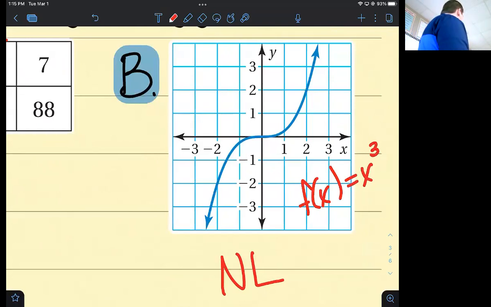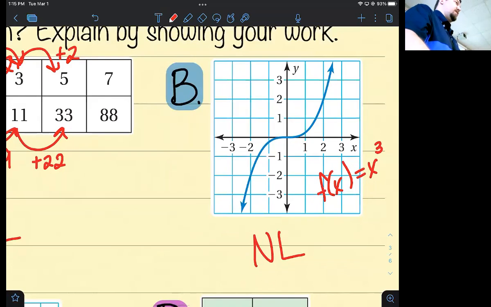Now I know it's not exactly x cubed, because if it were x cubed, then if I input 1, it should output 1 times 1 times 1, which is 1. And this is outputting like a fourth, maybe? I'm not sure exactly what that is. So we're noticing that it's not exactly the parent x to the third function, but it's a variation of that function.